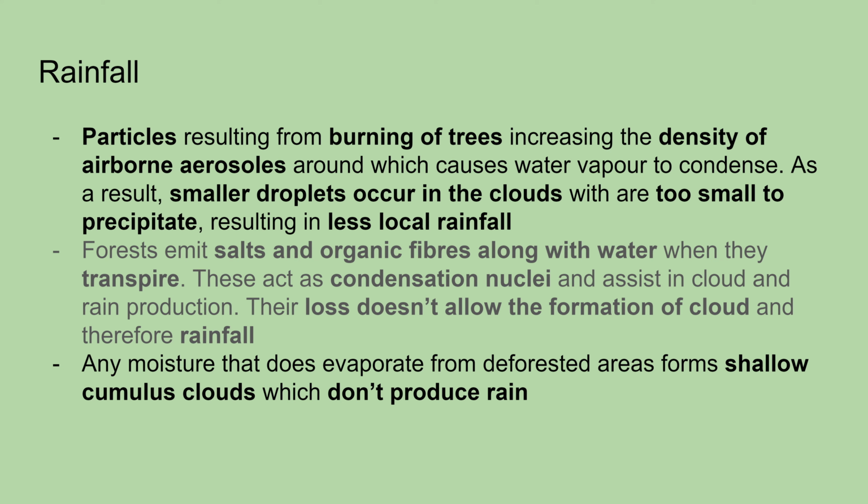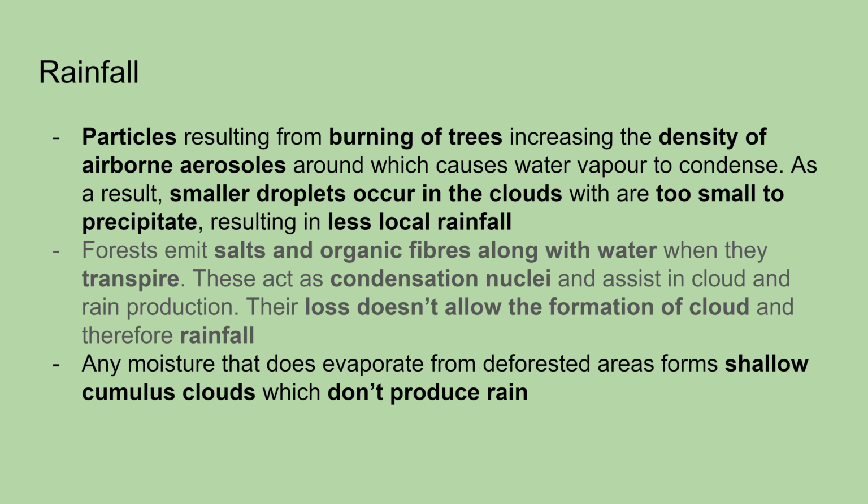Forests emit salts and organic fibers along with water when they transpire. These act as condensation nuclei and assist in cloud and rain production. Their loss doesn't allow for the formation of clouds and therefore rainfall. Any moisture that does evaporate from deforested areas forms shallow cumulus clouds which don't produce rain.